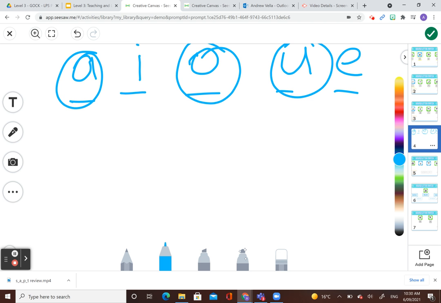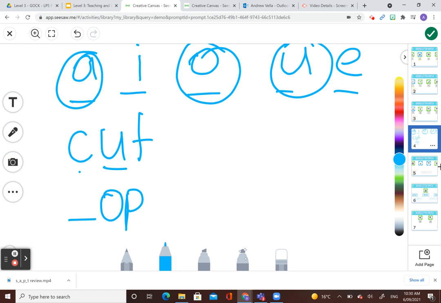So, for example, if the word is cut, hear the cut sound, t. Here's my short vowel, so I need to use the C for cut. Let's say the next word is cop. I can already hear the k sound, but I'm going to figure out what short vowel is closest to it. Op.